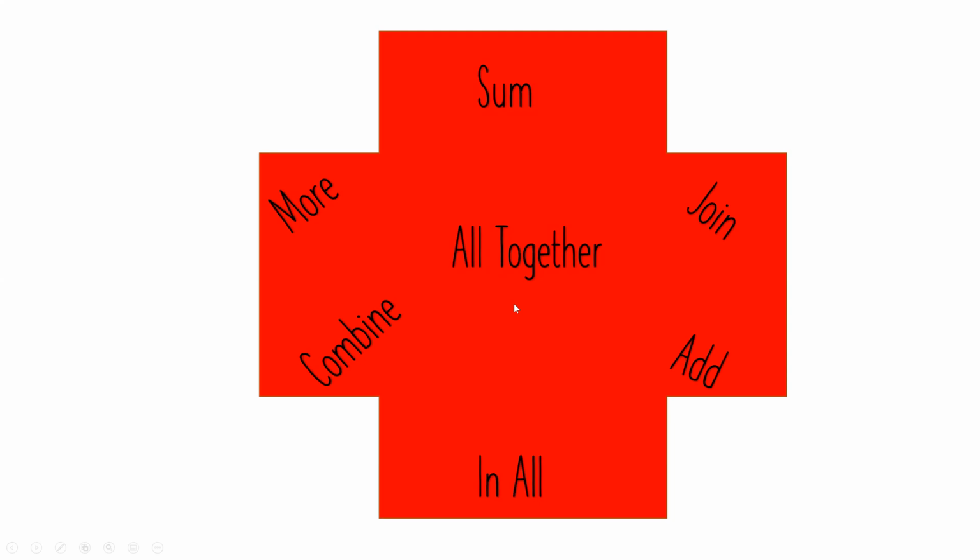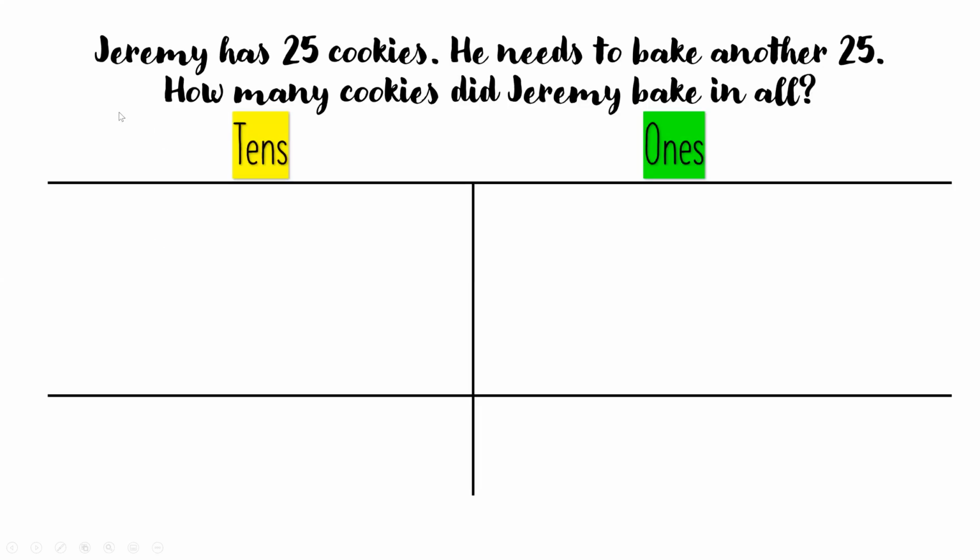So Jeremy has 25 cookies in the oven, and he needs to bake another 25. How many cookies did Jeremy bake in all? So our math word here is in all. This tells us that we are going to add 25 plus 25.